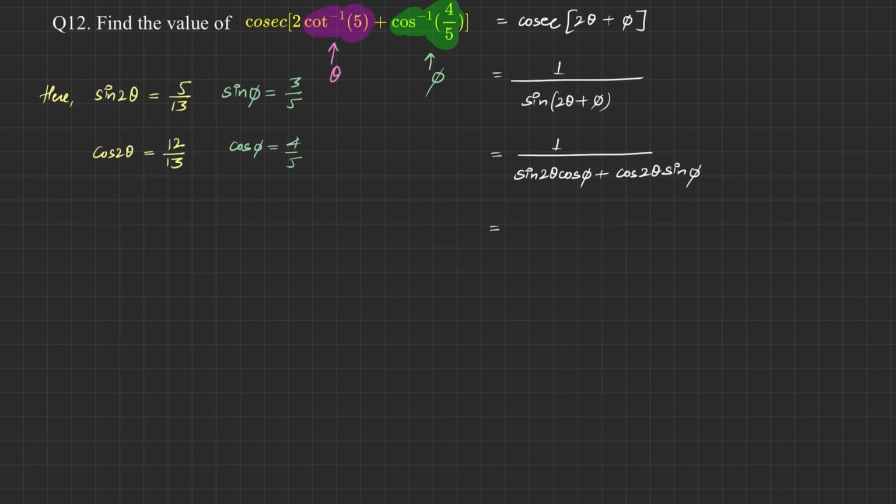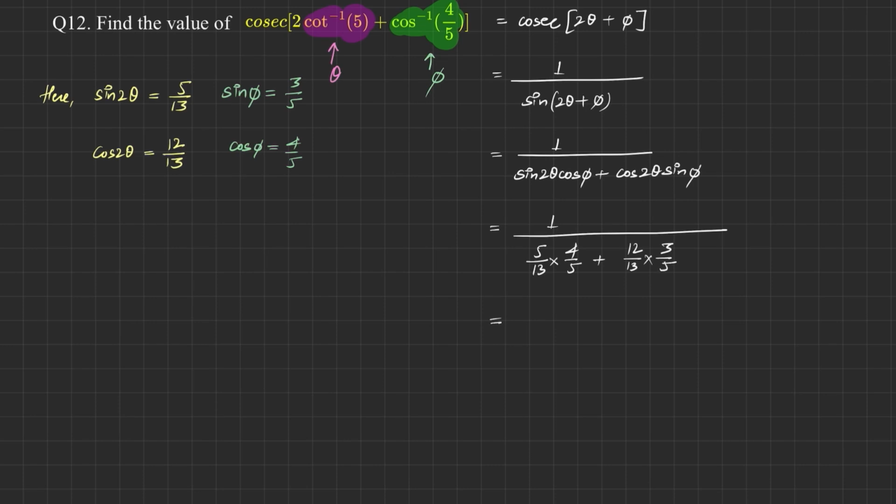So it will be equal to 1 over, so sine 2 theta is 5 by 13, cos phi is 4 over 5, plus cos 2 theta is 12 by 13, and sine phi is 3 over 5.